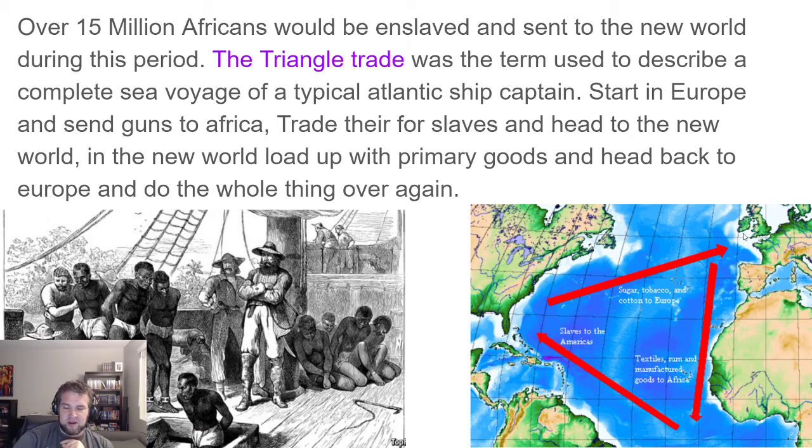They would start in Europe, load the ship up with guns and ammunition and random European goods, sail down to the West African kingdoms, park outside of a slave port, offload their European cargo, trade the guns for African slaves, load all the slaves onto their ship, then sail to the New World, offload the slaves, load the ship up with sugar or tobacco or cocoa or gold or silver, and then sail back to Europe. That was a typical deal if you were a ship captain during this time period.